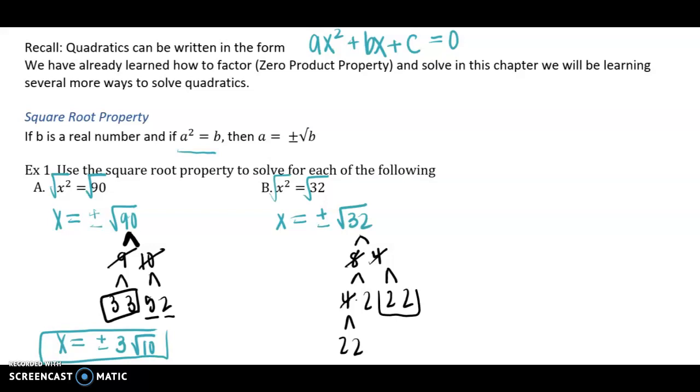Then I'm going to circle these, and then circle these. And we write x equals plus or minus, and then the 2 and the 2 come outside of the radical, and this one is left inside the radical. So x is equal to plus or minus 4 square root of 2.